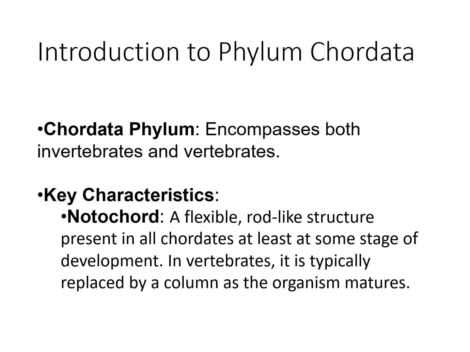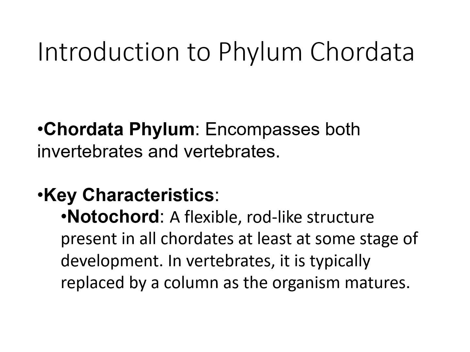The phylum Chordata is a diverse group that encompasses an incredible range of animals, including both familiar invertebrates and all vertebrates, from fish to humans. Chordates are defined by several key characteristics, present at least at some stage of their development. The first of these is the notochord.